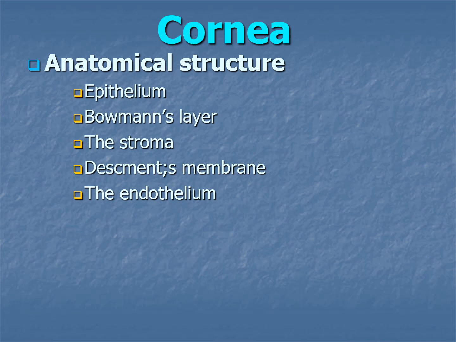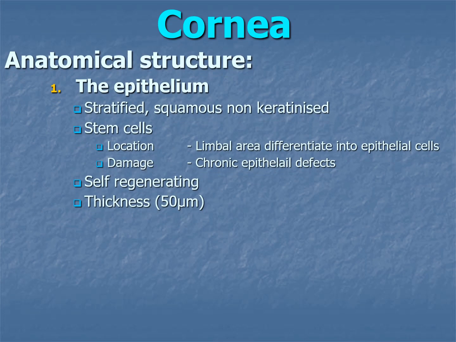The cornea has 5 layers, starting from the outer to inner: the epithelium, then the Bowman's membrane layer, then the stroma, Descemet's membrane, and the endothelium, the innermost layer. The epithelium is a stratified squamous non-keratinized epithelium. Its thickness is about 50 micrometer.